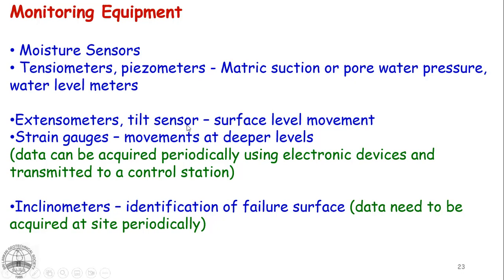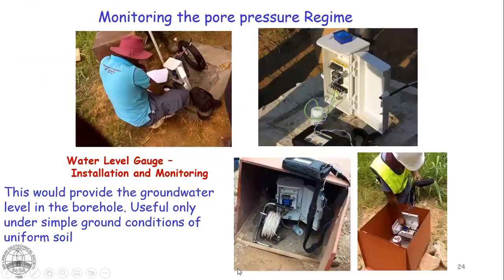Extensometers and tilt sensors are instruments that can monitor the surface level movements with that initiation. Then there are strain gauges which are installed in deeper levels, which can monitor the movement happening at deeper levels, and inclinometers which are installed in boreholes, and through the monitoring process in an inclinometer, one can identify the failure surface, deep failure surface.